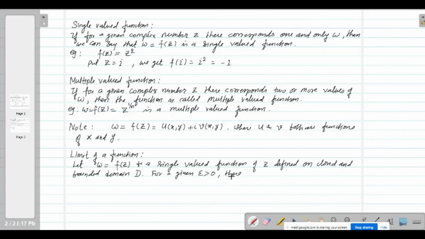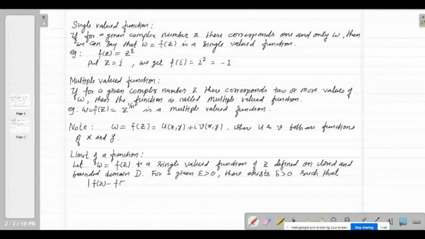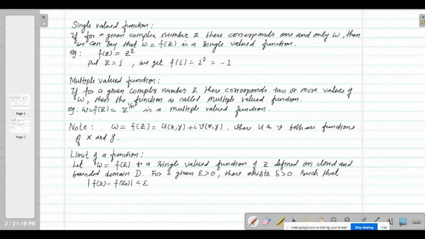So for a given epsilon greater than 0, there exists delta which is greater than 0 such that modulus of f of z minus f of z naught is less than epsilon for all z for which 0 is less than modulus of z minus z naught, which is less than delta.